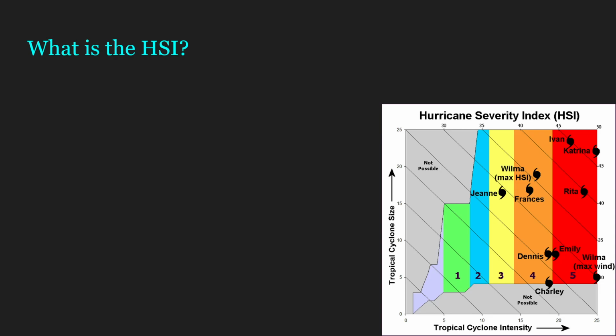So that's what this is. So, what in the world is the HSI, as I'm going to be calling it for short now? The Hurricane Severity Index is simply a proposed replacement or alternative to the Saffir Simpson wind scale, the current system of measuring hurricanes that is used by the United States.